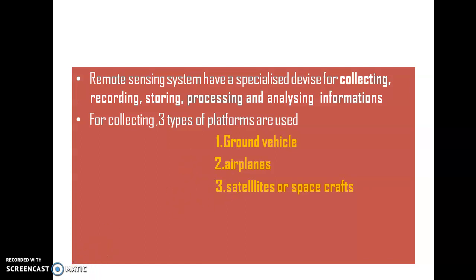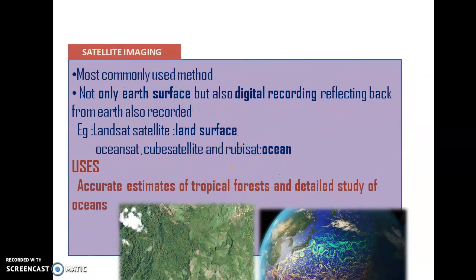Okay. Then in the previous slide we have seen that a satellite is one of the devices used for collecting information by remote sensing. So how is satellite imaging done? This is the most common method for remote sensing. Here, by means of satellite imaging, we record not only the Earth's surface but also the digital recording which is reflecting back from the Earth.